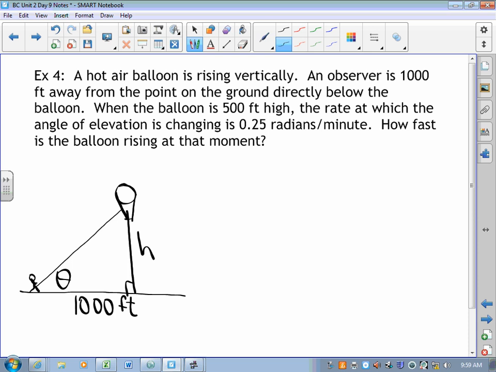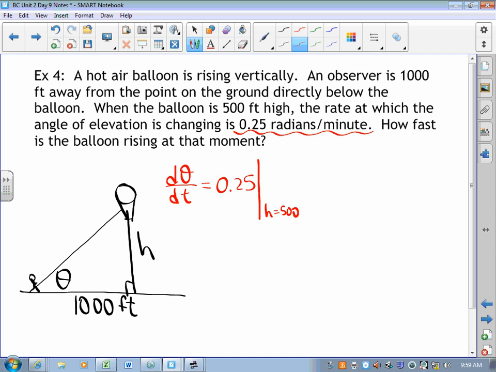So, what do I know? I know that the angle is changing at 0.25 radians per minute when the balloon is 500 feet high.